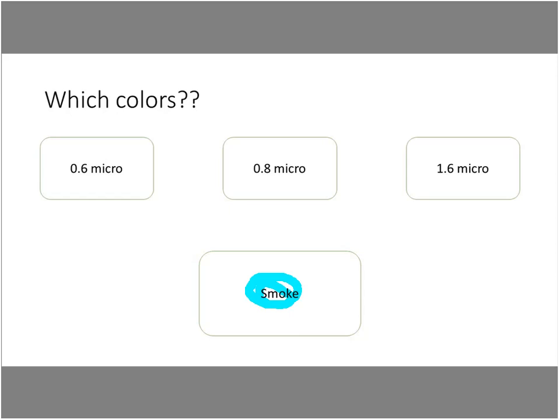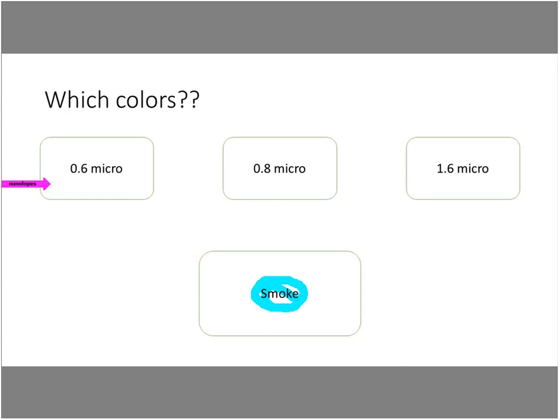You know that for the cyan color we need the blue and the green color. Red is basically non-existing in the cyan color. Where would you put the blue color? You can mark it with your annotation tools. Yeah, exactly. That's right, Nuno. And the 0.6 micro. Where would you put the green color?